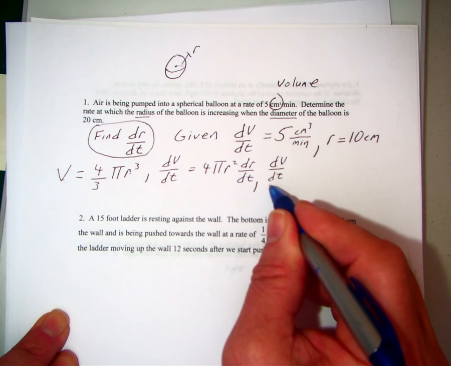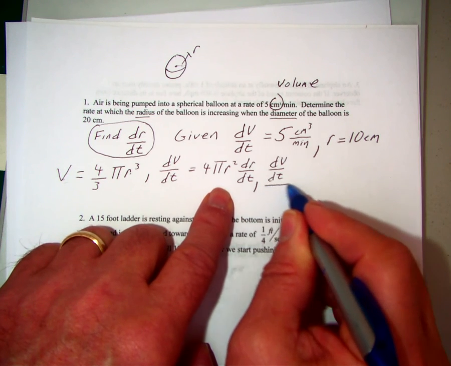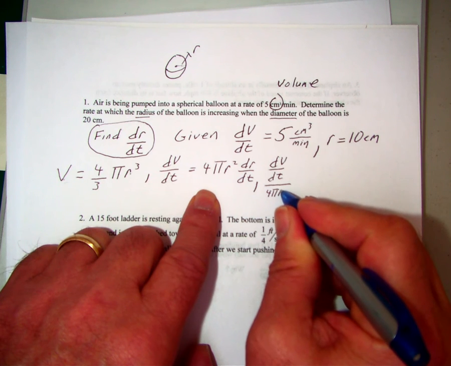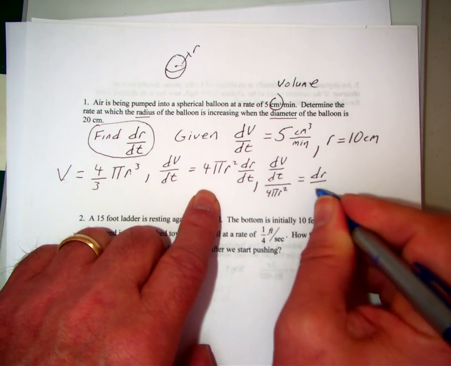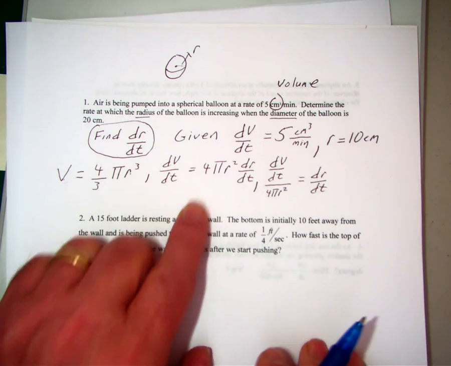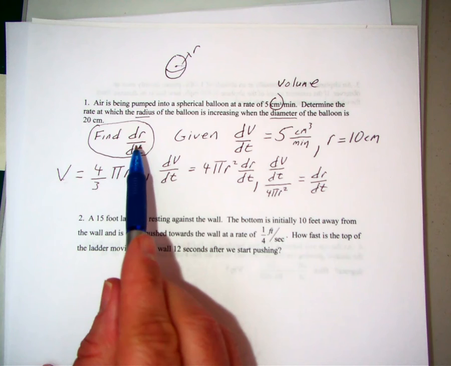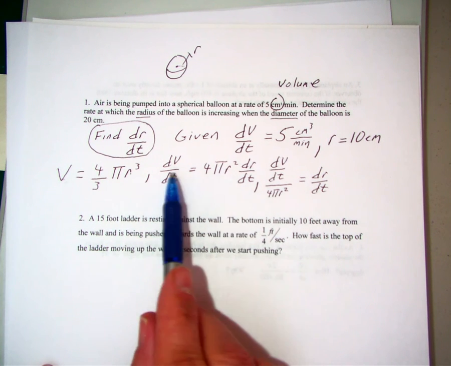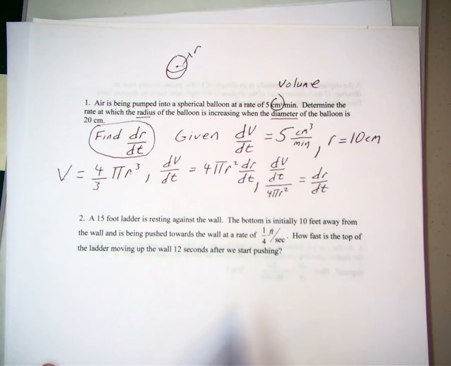So dv dt divided by this part right here, 4 pi r squared. I will say I do want to see that. I definitely want to see that. We were guided by this when we manipulated this, right? If we'd have been trying to find dv dt, we'd have already been done and we could just substitute the numbers in, right?